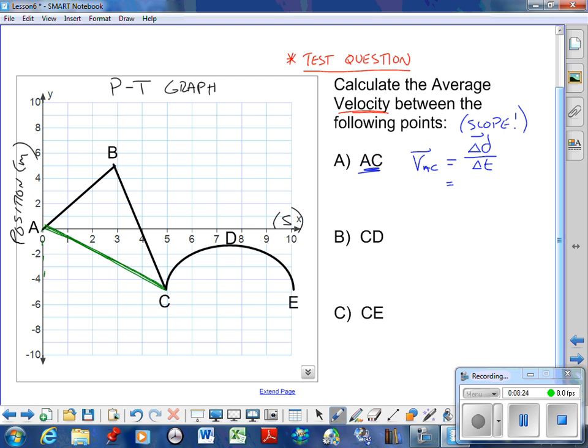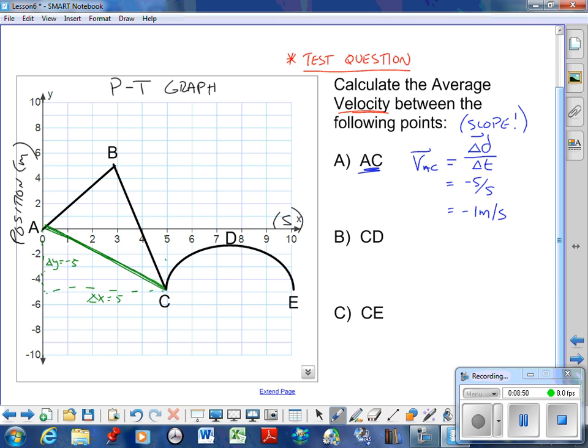We're going to use it to do our calculations, drawing the right angle triangle properly. What we find is that it's going to be a negative velocity. We see that the delta y is negative 5. The delta x is 5. So negative 5 over 5 gives us negative 1 meter per second.